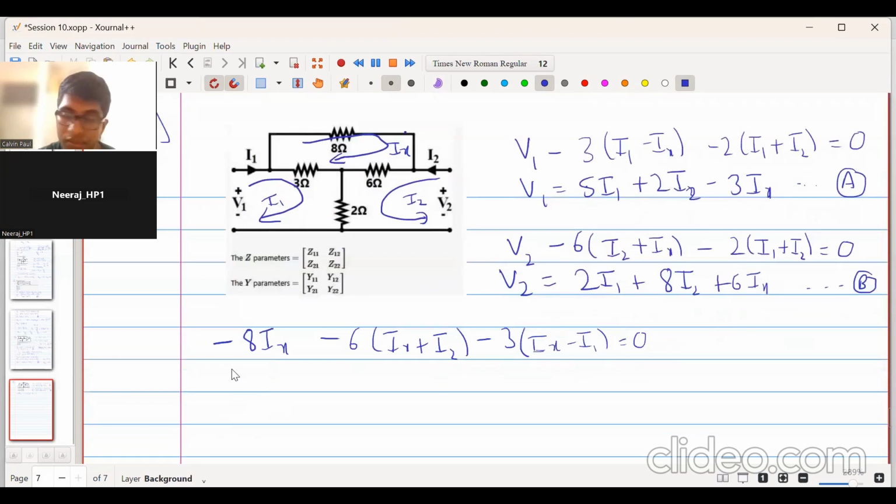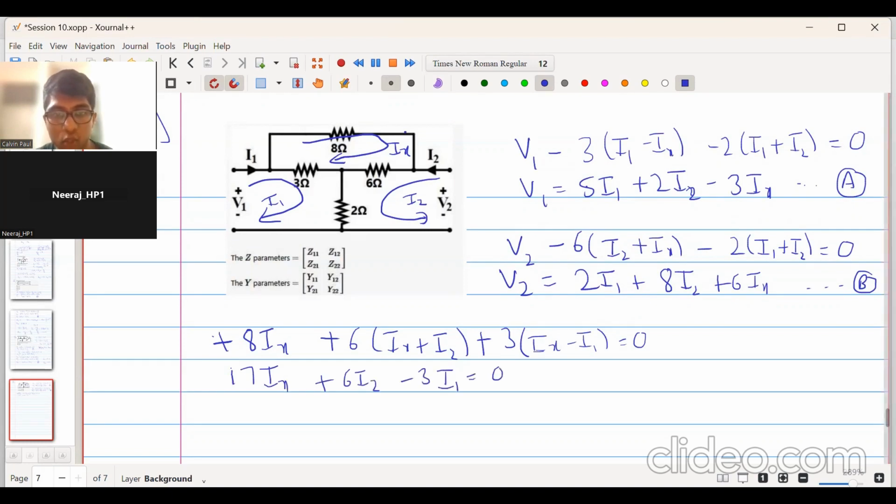So when we simplify, what is there is minus, minus, minus, so we can make it as plus, plus, plus. We get 17 Ix plus 6 into I2 minus 3 into I1 is equal to 0, or Ix is equal to 3 I1 upon 17 minus 6 I2 upon 17. Alright? Any doubts in this?